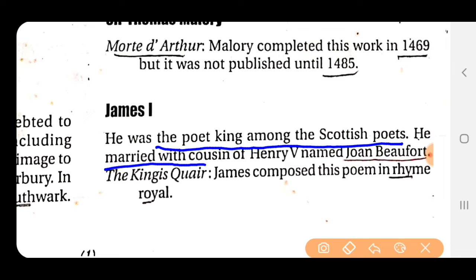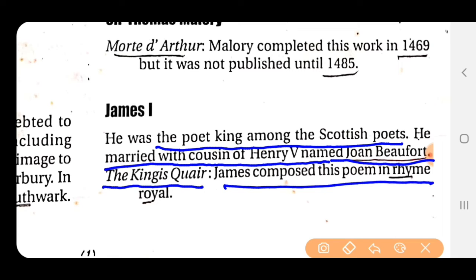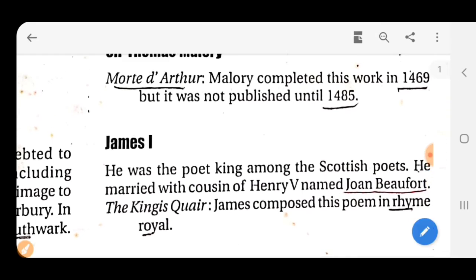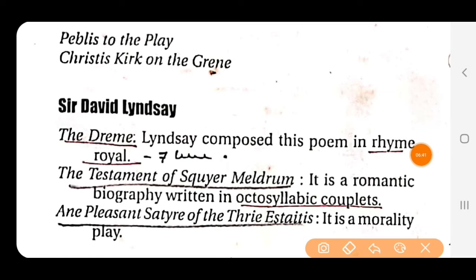He married the cousin of Henry V, named Joan Beaufort. The King's Quair. James composed this poem in rhyme royal. He also wrote Christ's Kirk on the Green.